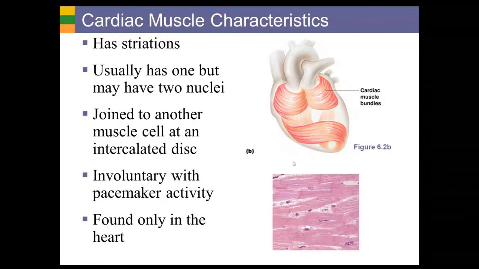Also, a distinguishing characteristic of cardiac muscle tissue is there are intercalated discs between the cardiac muscle cells. Okay.